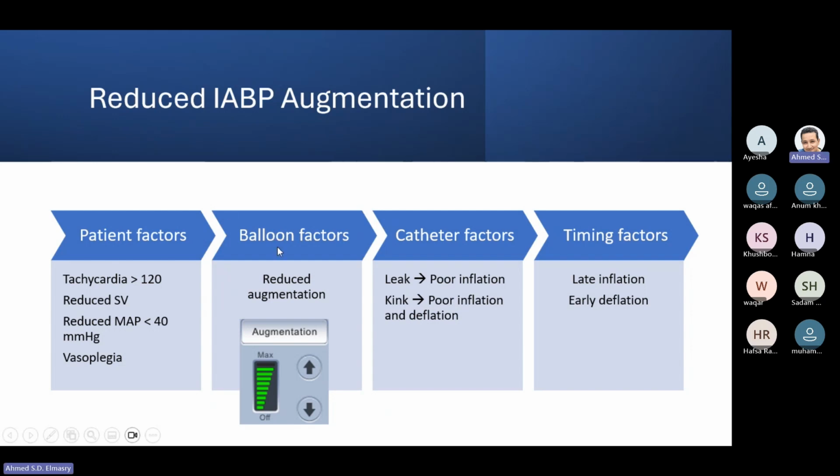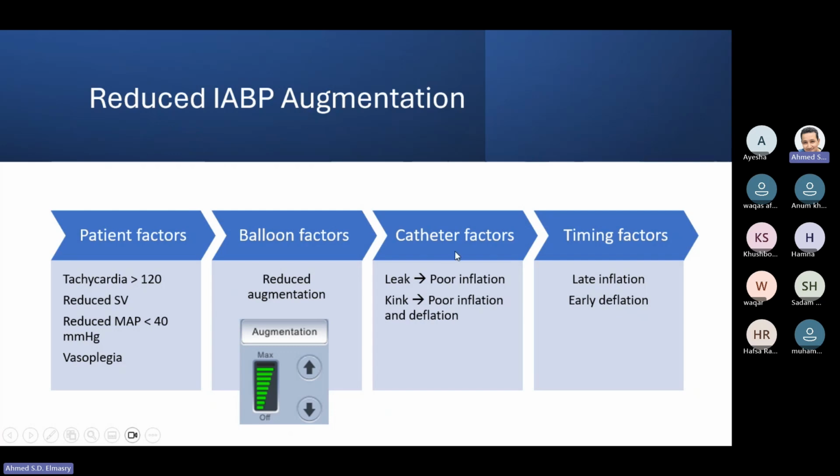And the balloon factors are related to the setting of the intra-aortic balloon. If you put the augmentation at 100%, you will be able to get good augmentation. If you decrease the augmentation of the intra-aortic balloon to 80, 70, 50, this will affect the augmentation.